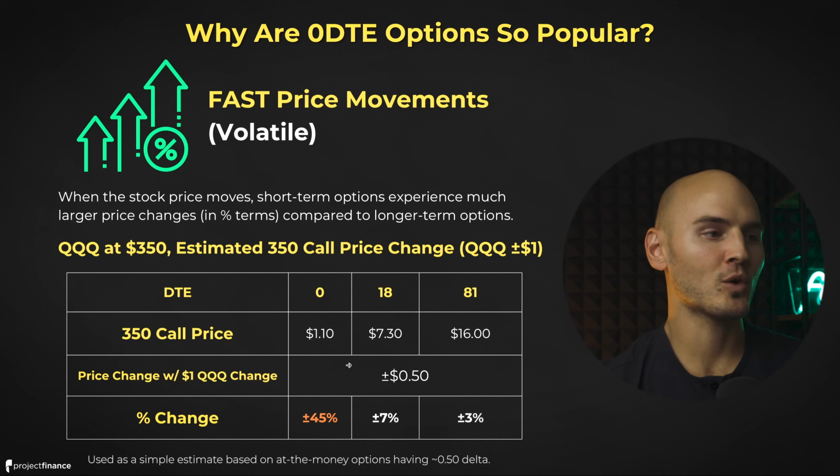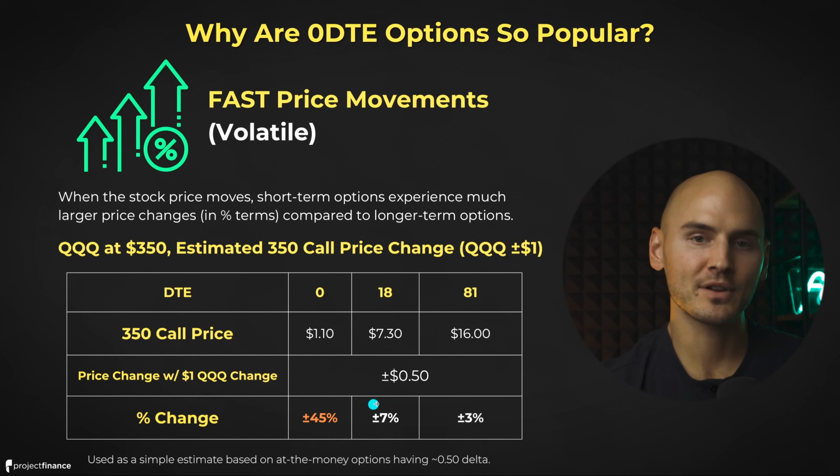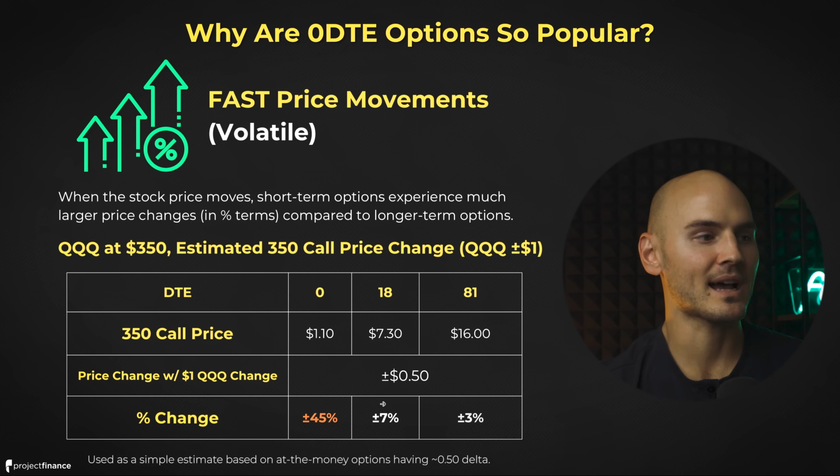To keep things simple, we are just going to estimate that these options, since they are at the money, will change by about 50 cents for a $1 change in QQQ. That means that this $1.10 option, if it moves 50 cents with a $1 change in QQQ, would represent a 45% change in the options contract price. If we go to the 18-day expiration cycle, that same $1 change in QQQ, driving a 50-cent change in the option, results in a 7% plus or minus change in the options price.